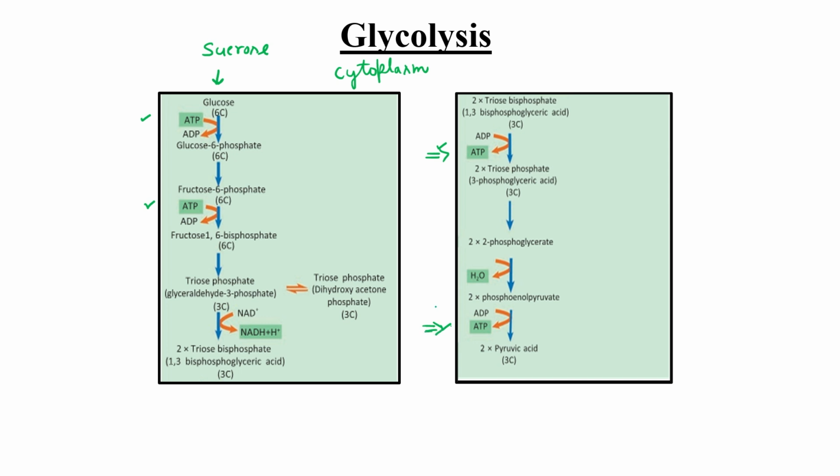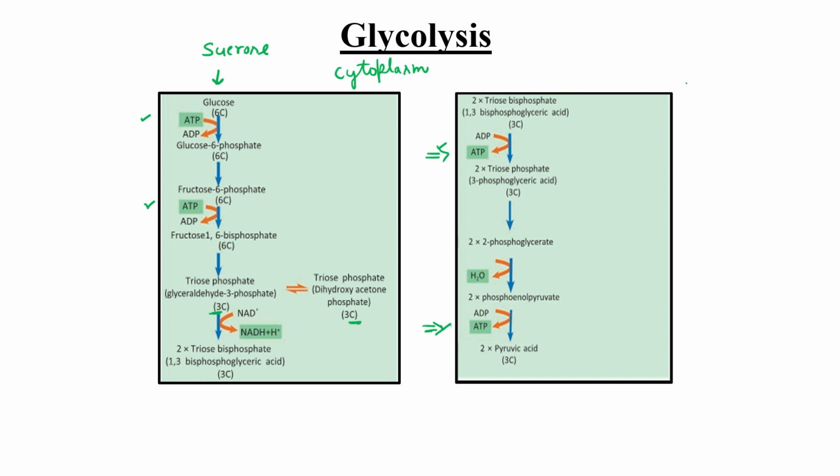There are 4 molecules because this one molecule of 6-carbon glucose is further converted into 2 molecules of 3-carbon compounds, that is glyceraldehyde 3-phosphate and DHAP, dihydroxyacetone phosphate. This reaction shows only one molecule's reaction, so the total is 4.